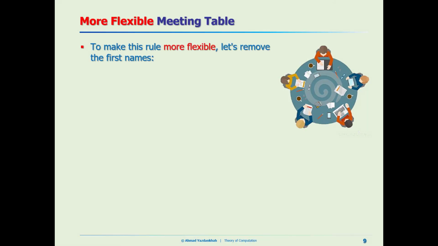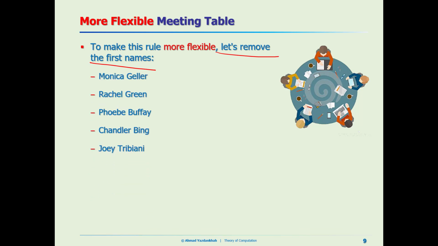In this scenario, I'm going to remove the first names, and then let's see what would happen. So we remove all of the first names, and we leave the last names or the parents' names, right?